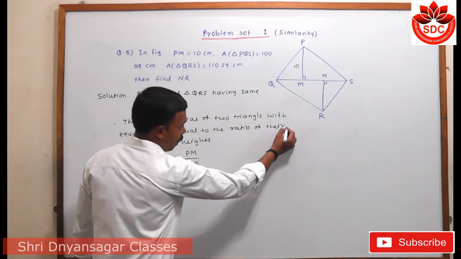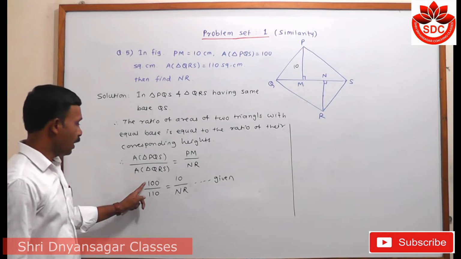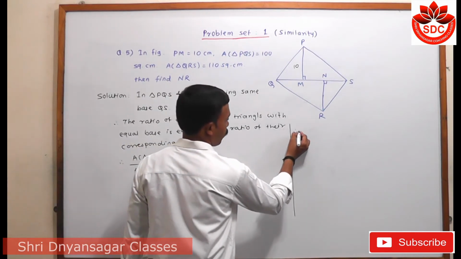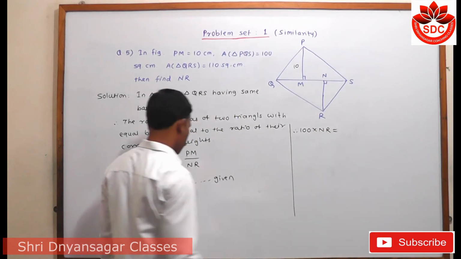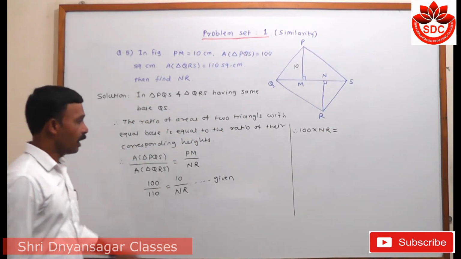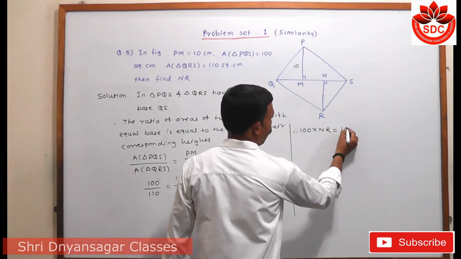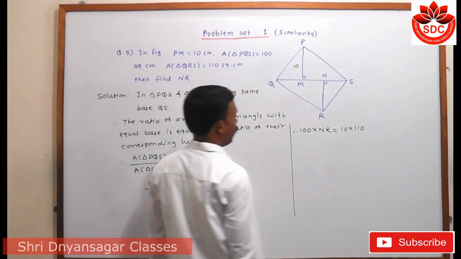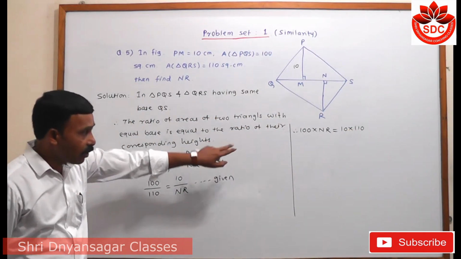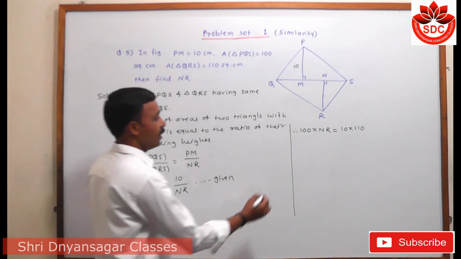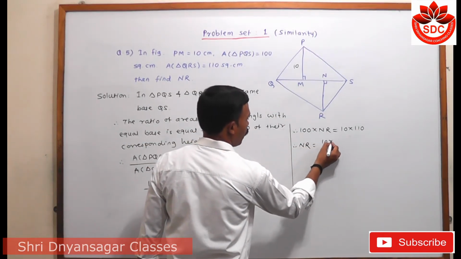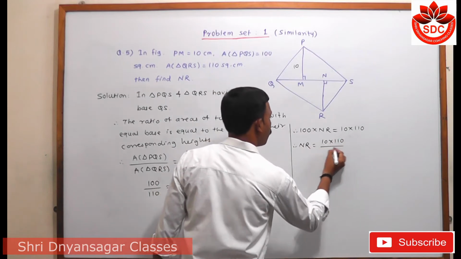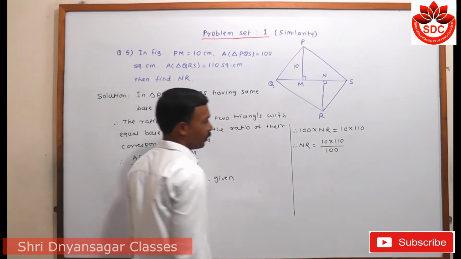If you take the cross multiplication, then 100 into NR is equal to 10 into 110. Now this 100 goes to the denominator, so NR is equal to 10 into 110 upon 100.